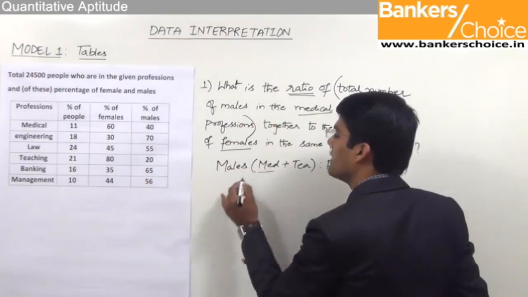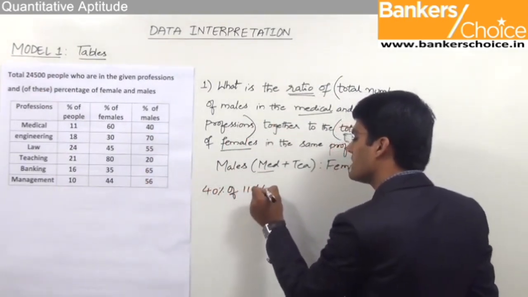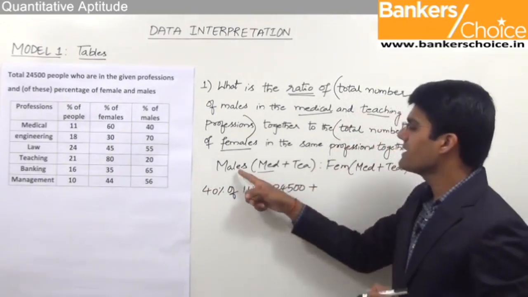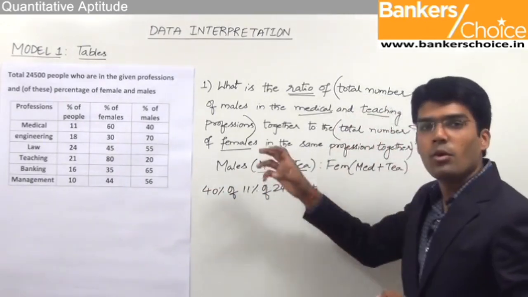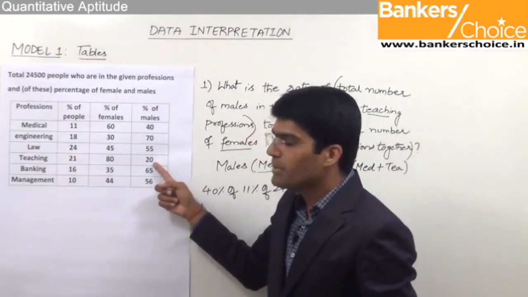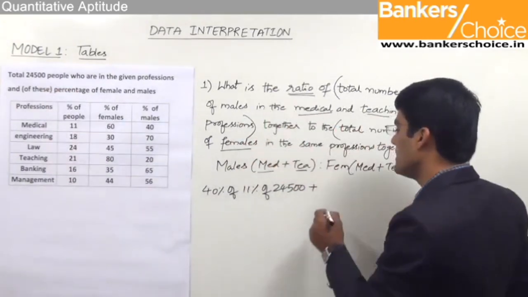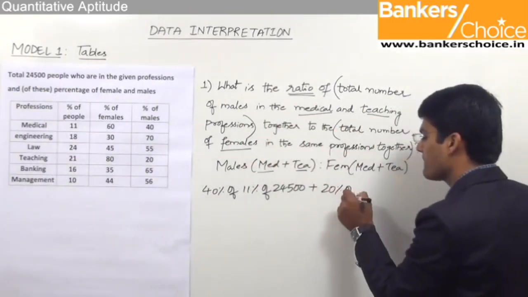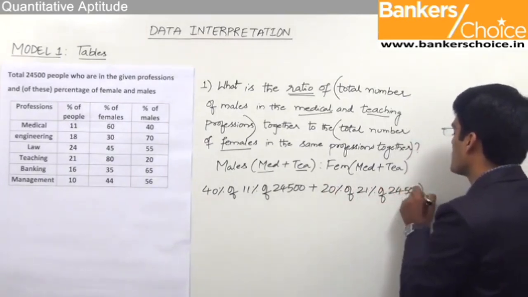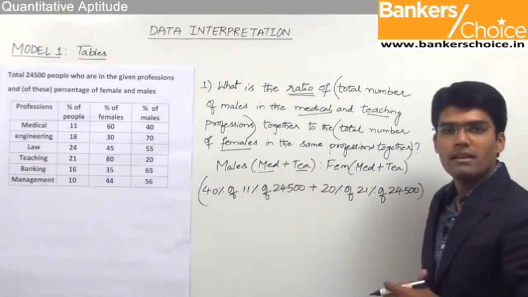Plus, the second part is males in teaching. Going by the same concept, males in teaching will be 20% of 21% of 24,500. So this is the total number of males in medical as well as teaching. That's the first part in the ratio.